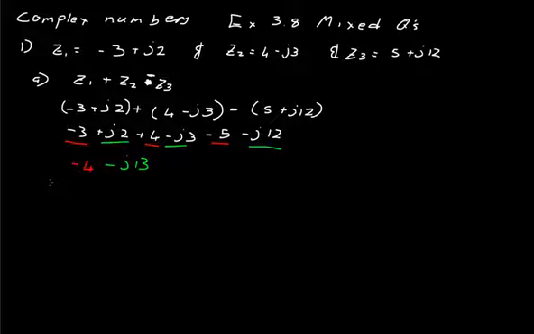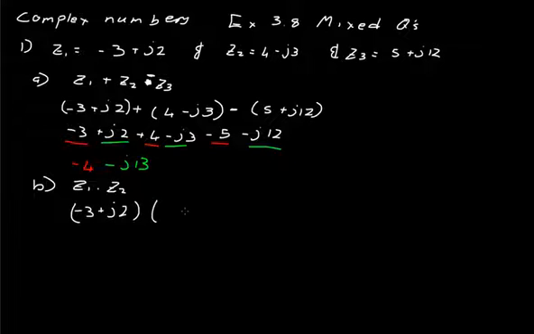Alright, let's move on to part B. Z1 times Z2. So for Z1 times Z2, what we've got is minus 3 plus j2 times 4 minus j3.